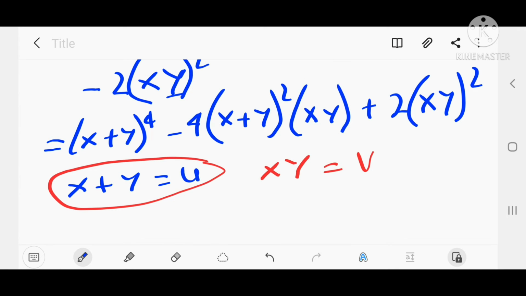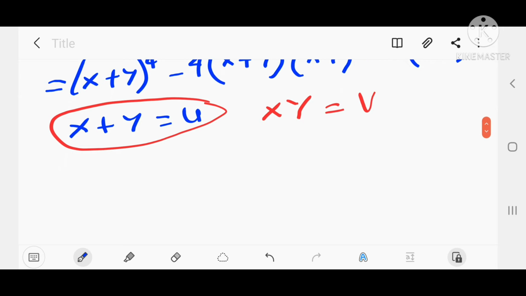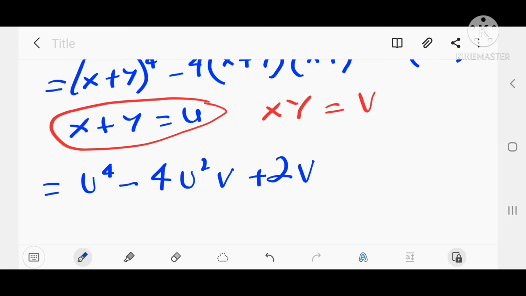u exponent 4 minus 4u exponent 2 v, plus 2v squared.